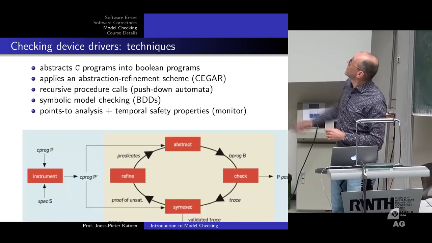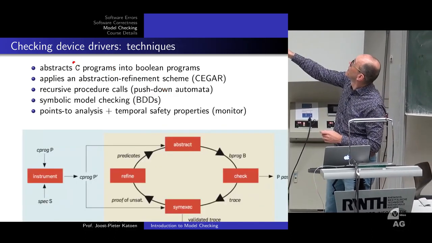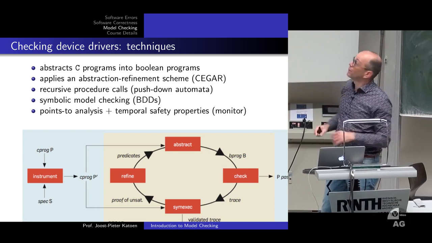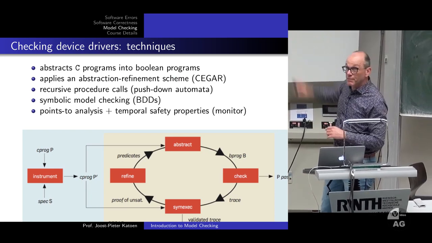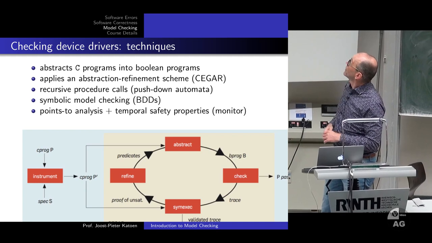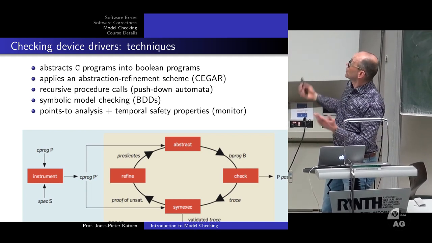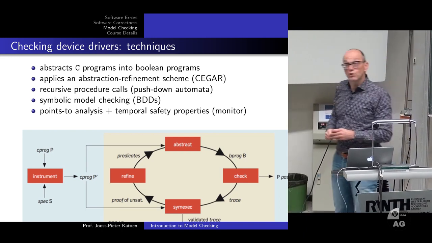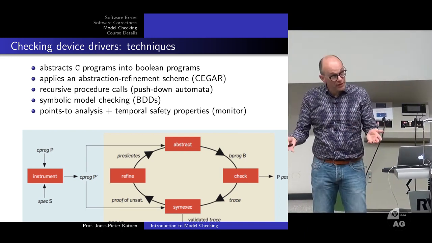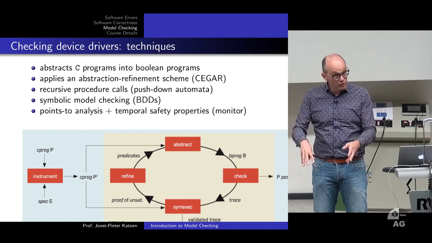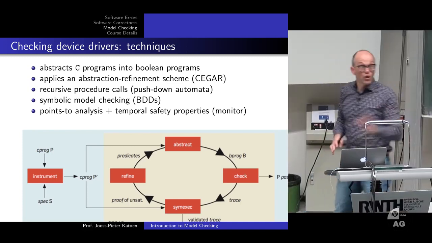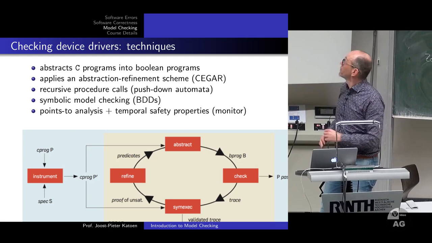What they do is take a C program as input, basically the device driver. They abstract this into a Boolean program, and then they apply what they call abstraction refinement. And then they also support recursion. And how do they do this? They do not only do model checking based on automata, but actually use push-down automata. You know from automata theory that they are much, much harder than finite state automata.